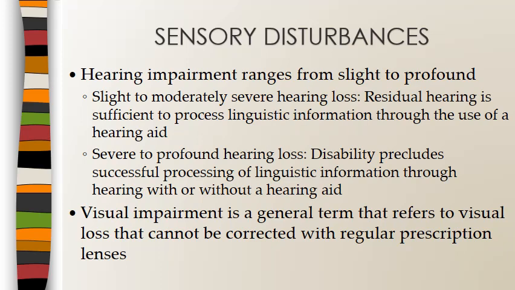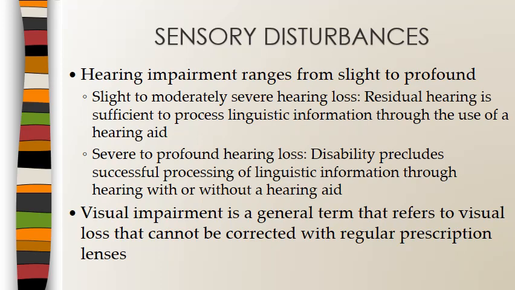So with slight to moderately severe hearing loss, children are able to hear by using a hearing aid. However, when children have severe to profound hearing loss, there isn't an ability to successfully process the information through hearing with or without a hearing aid.